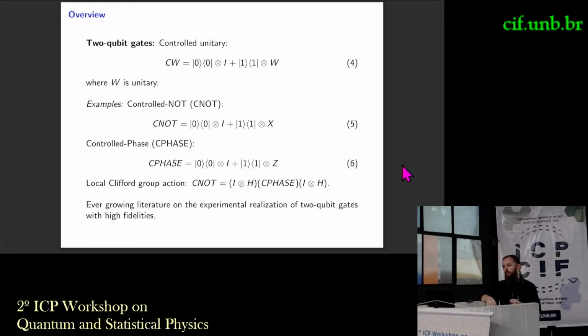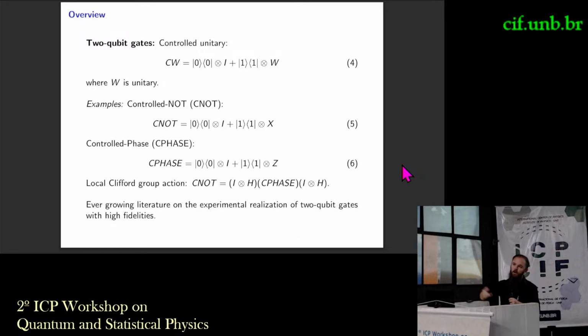If W is a unitary, you can form the controlled-W. So controlled-W is the following: if it's 0, do nothing, and if it's 1, apply W. So for example, the controlled-NOT is the controlled-X, so 0 does nothing, 1 applies the gate X. The controlled-phase is the controlled-Z, so 0 does nothing, 1 applies Z.